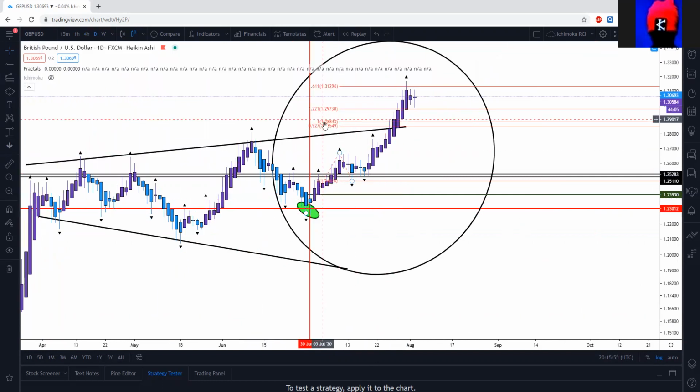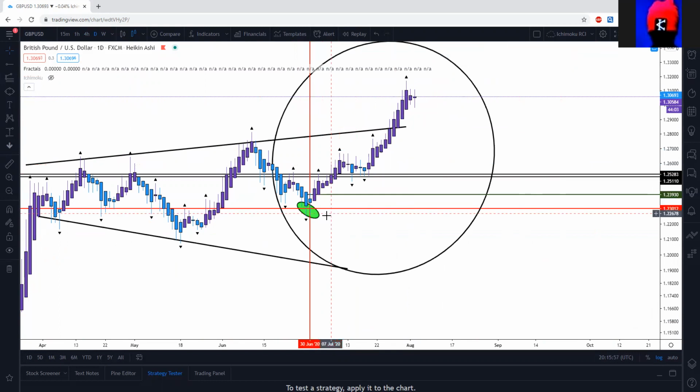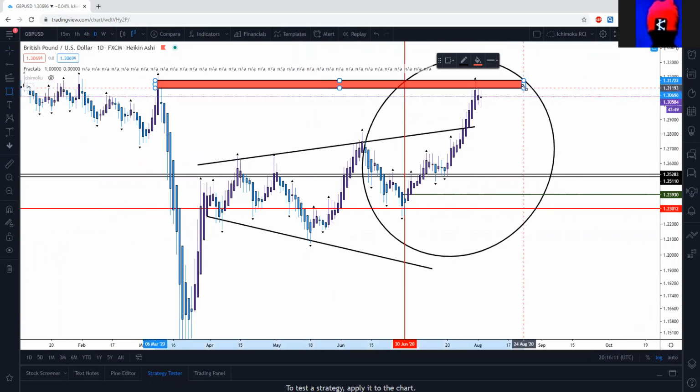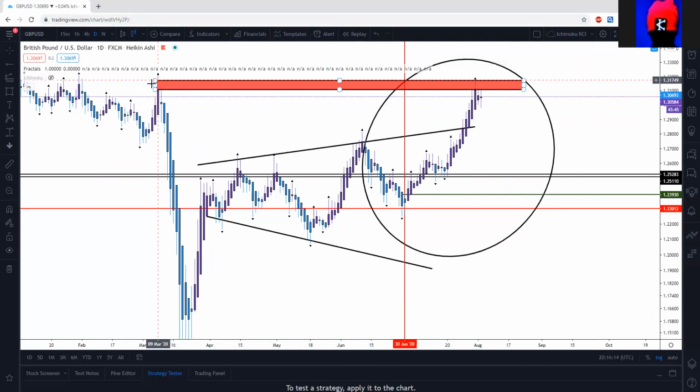So now we're going to use the wave theory and time theory. We had an I wave right here. The I wave was made to this level. You see that we have resistance up here.